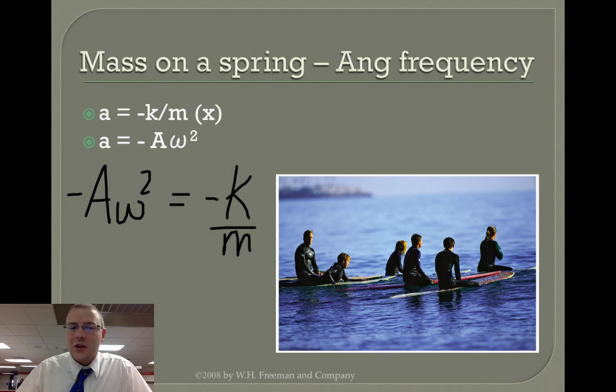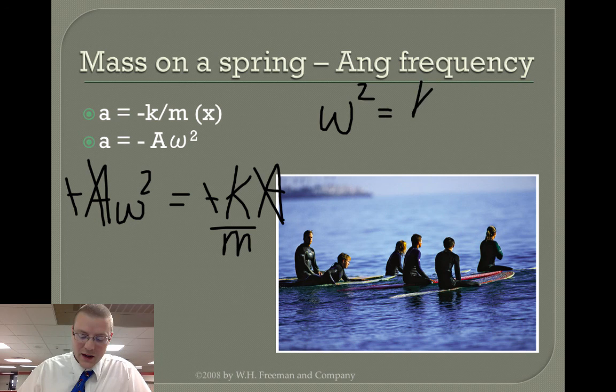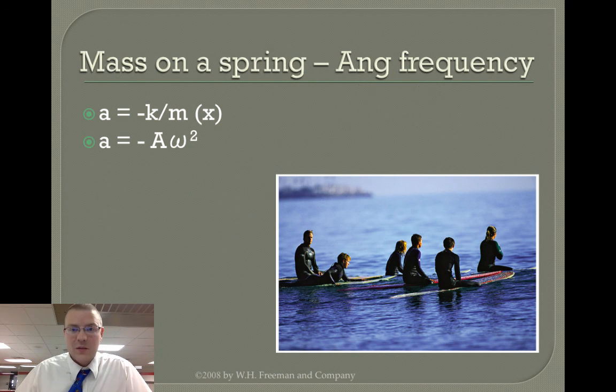Our displacement, though, when we're at the furthest point, is our amplitude. So that's going to take away the minus sign and the amplitude, leaving behind omega squared equals k over m, which is exactly what we did in lab today. We had to square the angular frequency, get the inverse of mass, and the slope of that line ended up giving us our effective k constant for our simple harmonic motion.